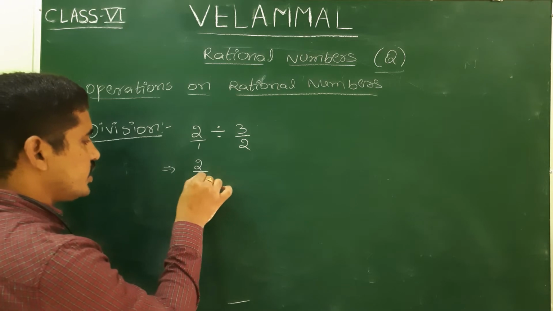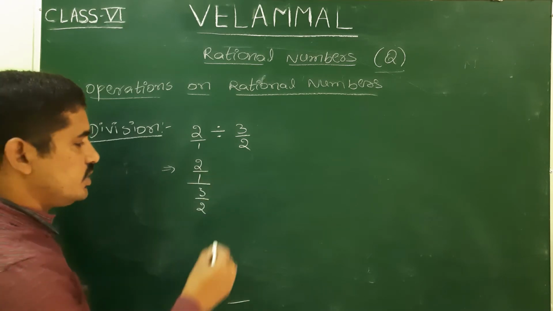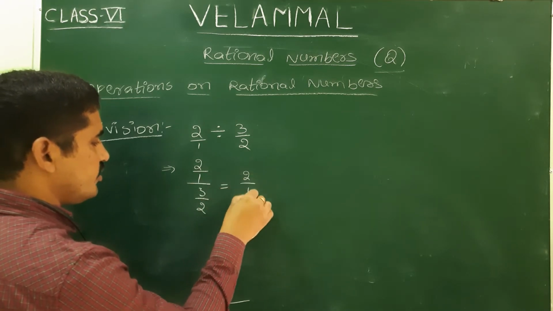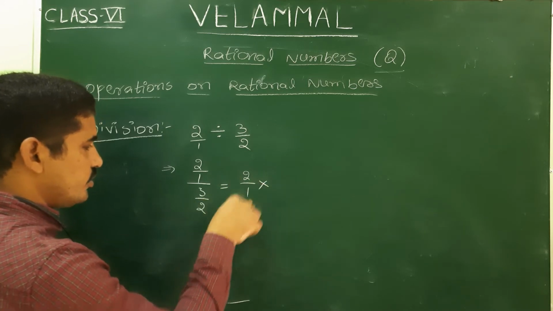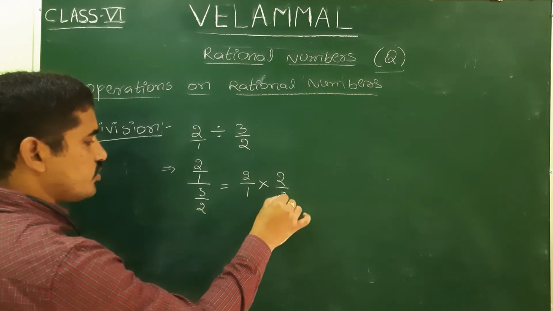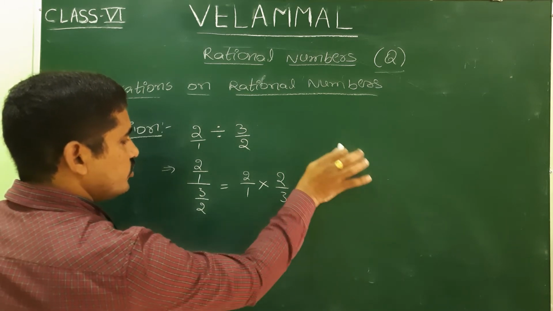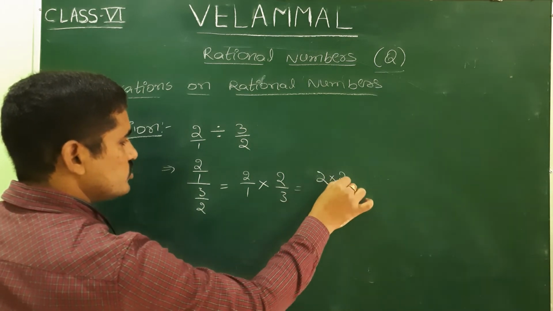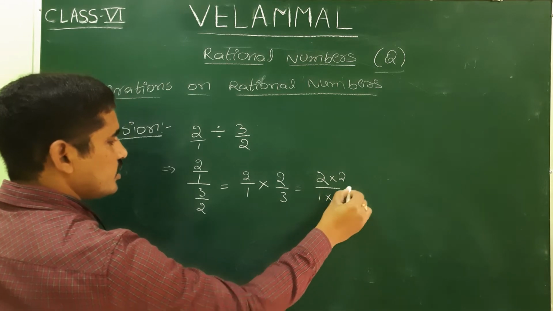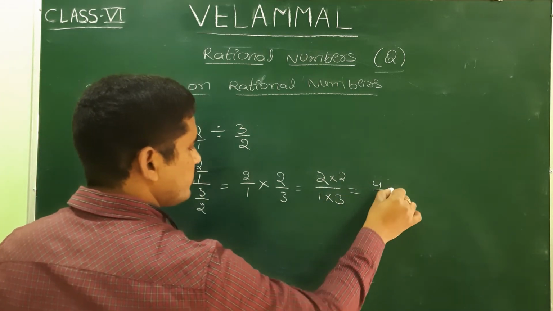So here we can take 2 by 1 divided by 3 by 2, which is equal to 2 by 1 into, we multiply with the reciprocal of the denominator fraction, so 2 into 2 by 1 into 3, and by that we get 4 by 3.